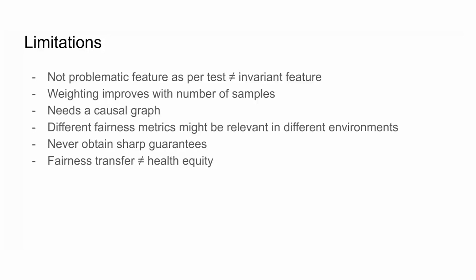And of course, just because we have defined a fairness metric doesn't mean that we have health equity. So this is really about thinking about the broader context, and how we can come back to that context, even if we one day solve that issue of fairness transfer, and think back and contextualize all of that work.